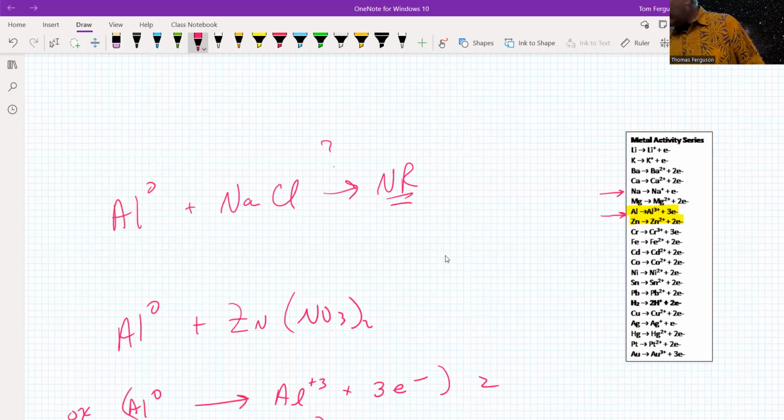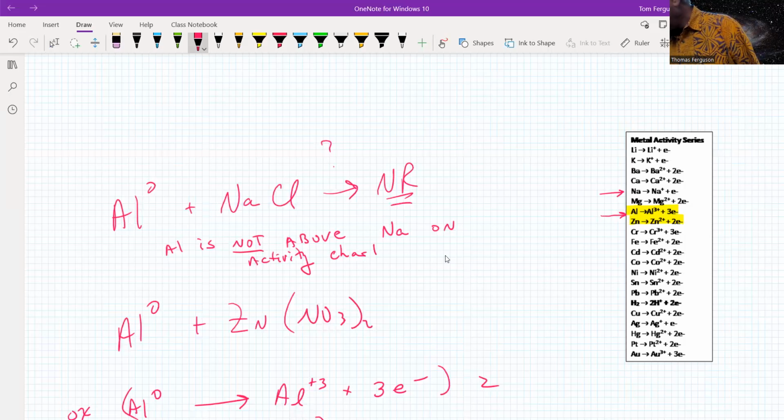And the why is on the activity chart. Okay, does everyone see why nothing happens?